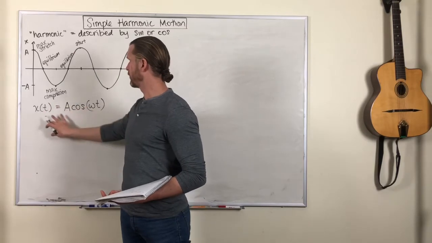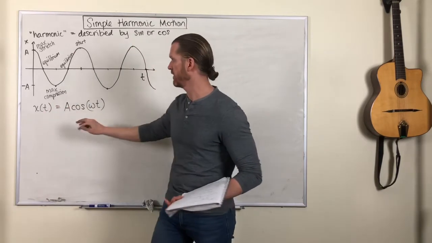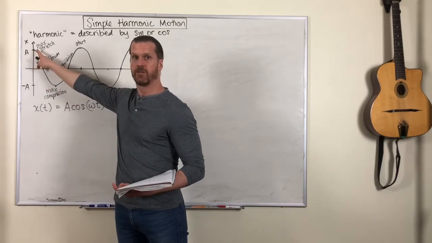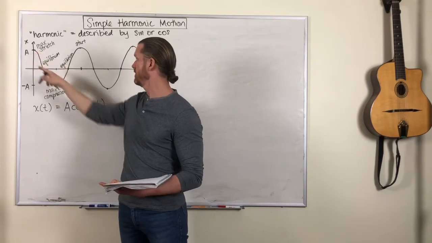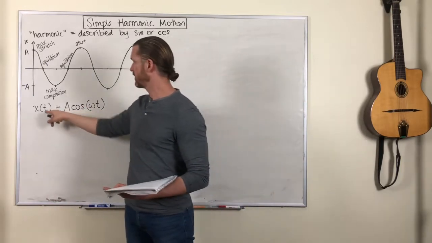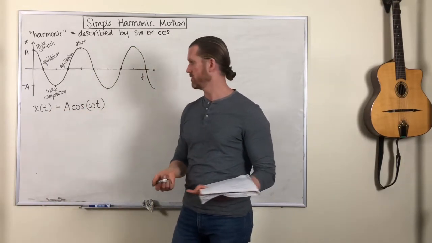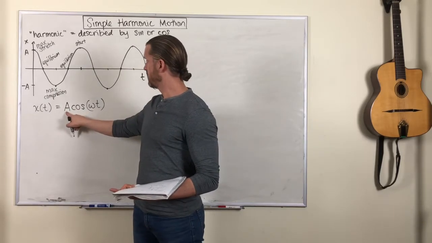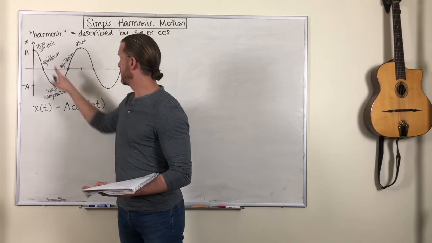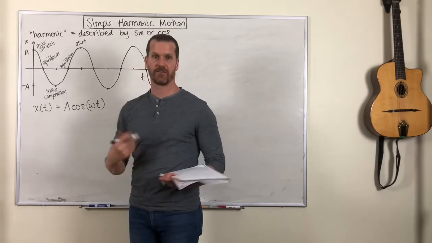But the first thing to notice here is that this is an equation for the position as a function of time. So whatever value of t you use, you plug it in here and you can calculate a number. We have A, this amplitude, that is multiplying the cosine function.